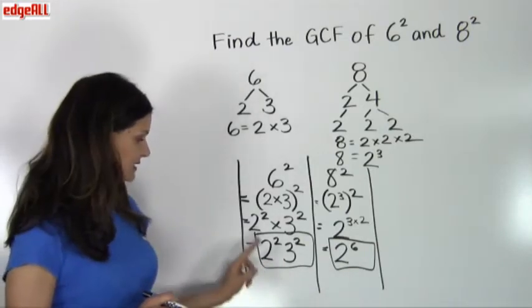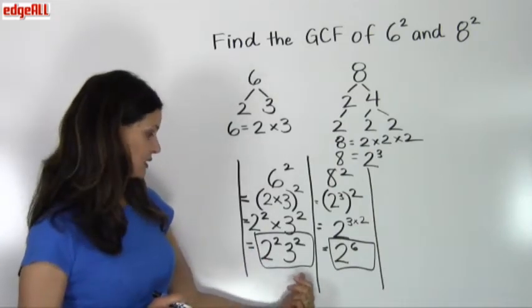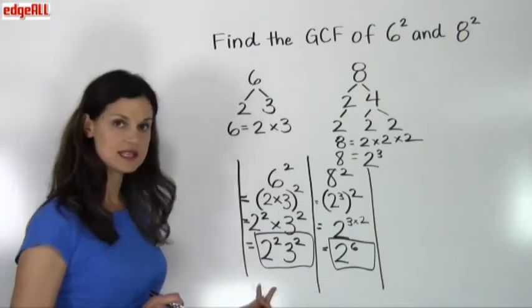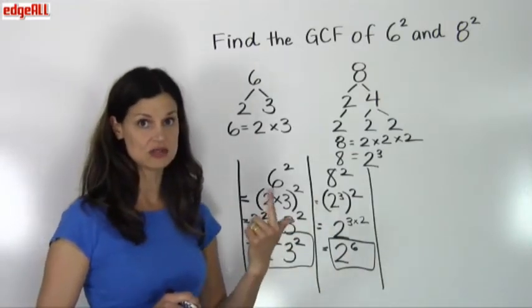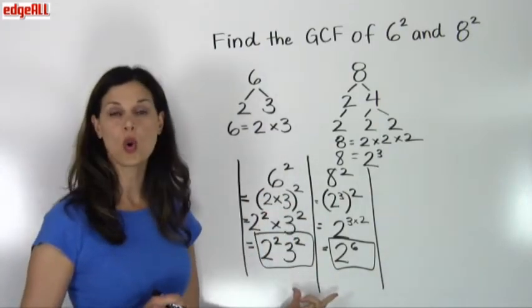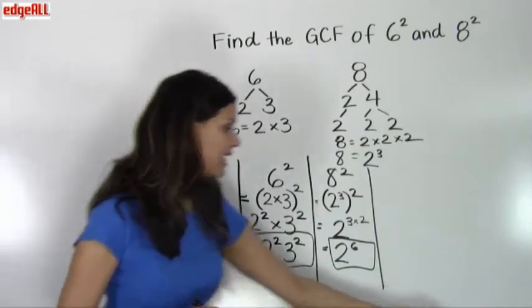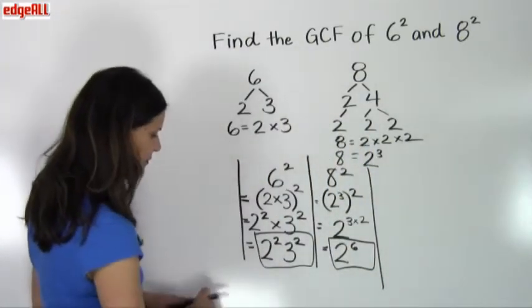Now in this case, there are 2 2's, 2 times 2, times 3 times 3, but there are 2 2's. In this case, there are 6 2's, 2 times 2 times 2 times 2 times 2 times 2. But we're only going to take the 2 2's that are shared by both of the numbers.